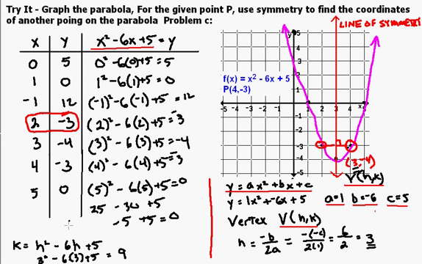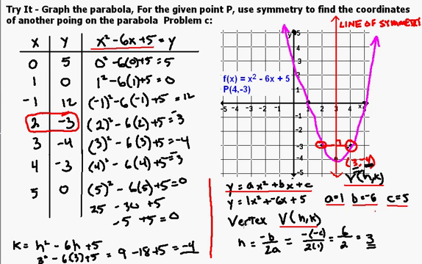So we again have 3 squared, which is 9. Negative 6 times 3, which is negative 18, plus 5. 9 minus 18 is negative 9. Negative 9 plus 5 is negative 4, which in fact is our vertex. And there's the negative 4 right there.